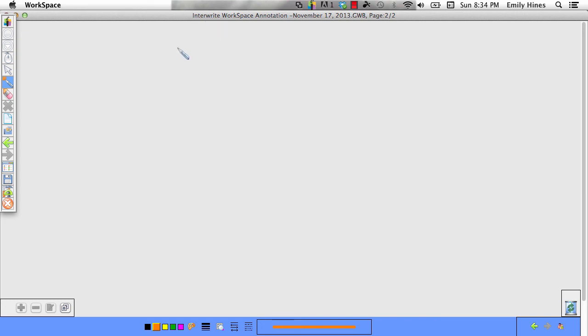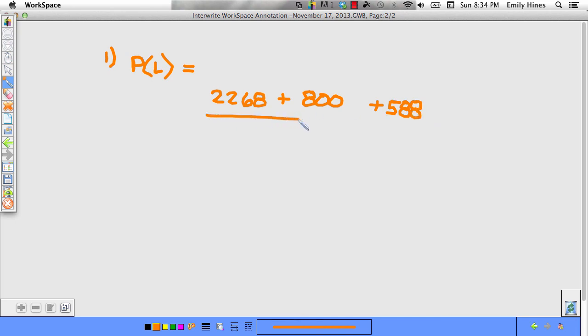The first one wants you to find P of L. So take a second and try to find P of L. That's the probability that they get a grade lower than a B. If I add 2268 plus 800 plus 588, which are the three numbers found in the table for below B, out of the 10,000 total students that they surveyed, that means that 0.3656 received a grade lower than a B. And if I want to interpret that in context, I can say 36.56% of grades are lower than a B.